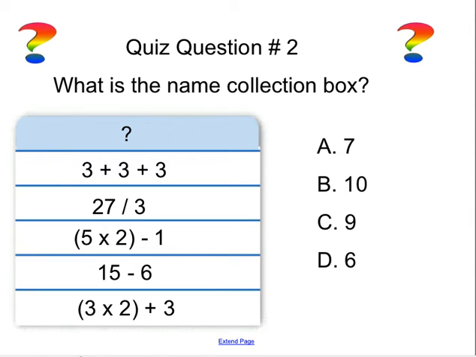Number 2, you can see that you have 5 different equations. However, you don't know what the name collection box is for. So that's what you have to figure out. So you go ahead and figure out what each one of these answers is, and hopefully you'll find your answer to the right.